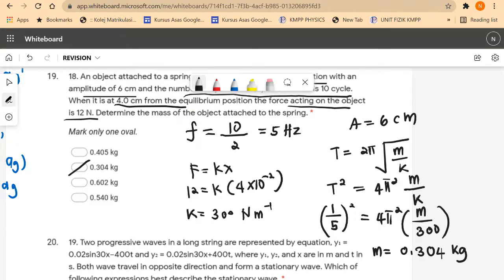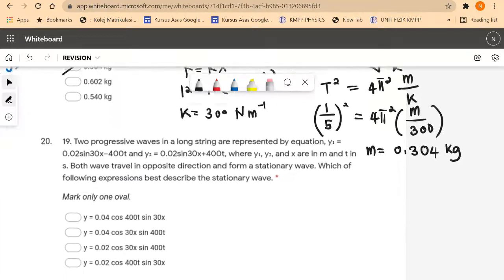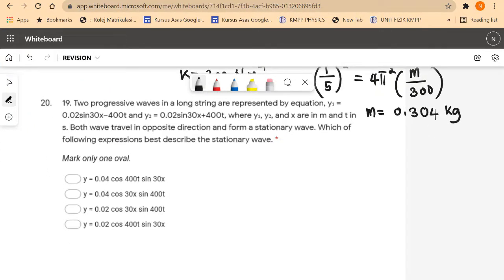And then number 19. Two progressive waves in a long string are represented by the equations y1 equals 0.02 sin(30x minus 400t) and y2 equals 0.02 sin(30x plus 400t).